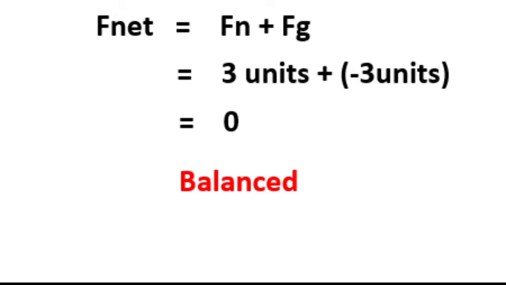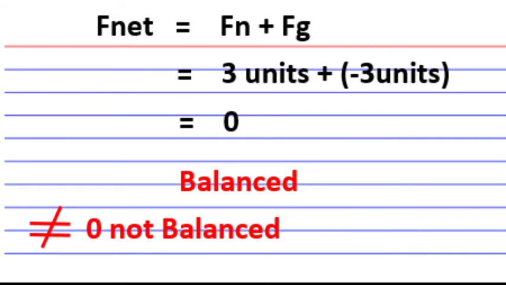If the sum of the forces is equal to 0, they are considered balanced. If the algebraic sum is not equal to 0, the forces are not balanced. The non-zero sum is the net or unbalanced force. This unbalanced or net force would cause a change in the state of motion.